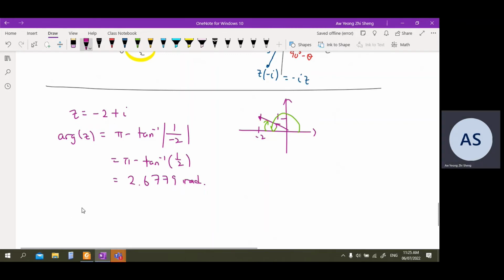Okay. Now, when the argument of zi, or in other words, when the vector is rotated in the positive direction by 90 degrees, if this is z, then if you're asked to find zi, what would be the argument then?